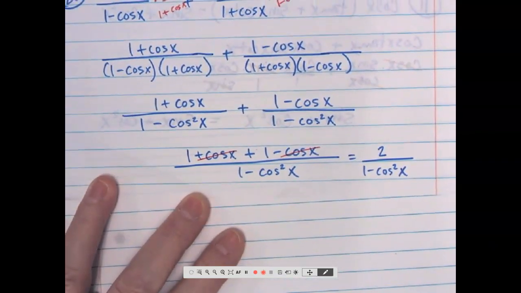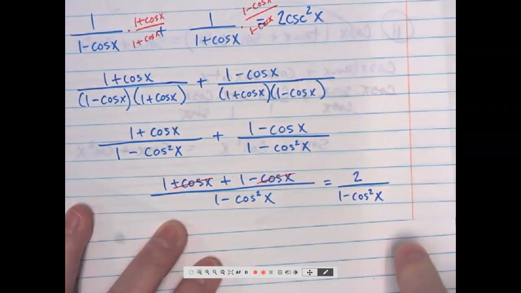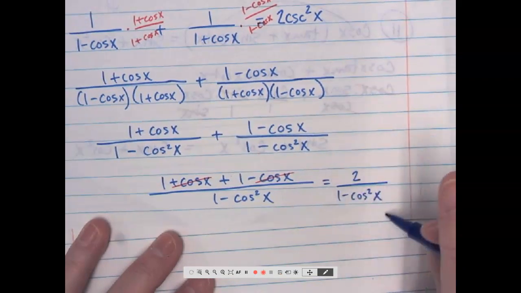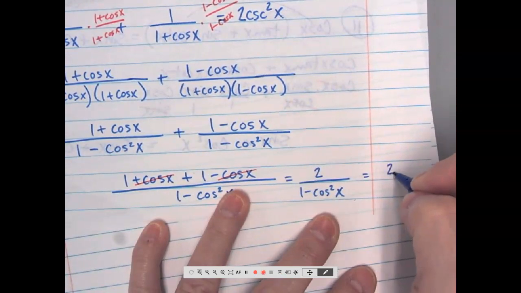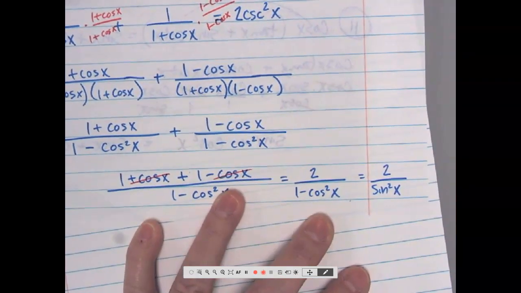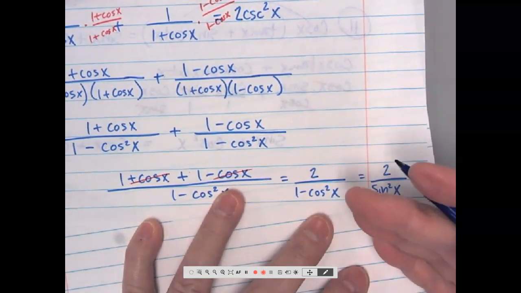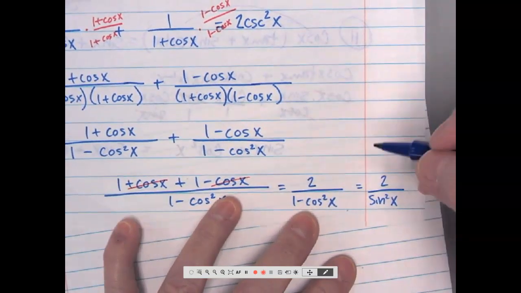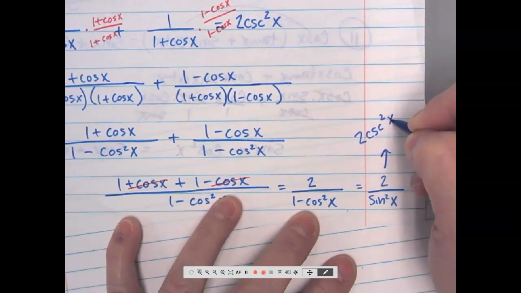Okay, so to see where the 2 is coming from, where is cosecant squared going to come from? What's the bottom equal to? Sine squared. And then 1 over sine is cosecant. So 1 over sine squared is cosecant squared. And then you have a coefficient of 2. So that does equal 2 cosecant squared.